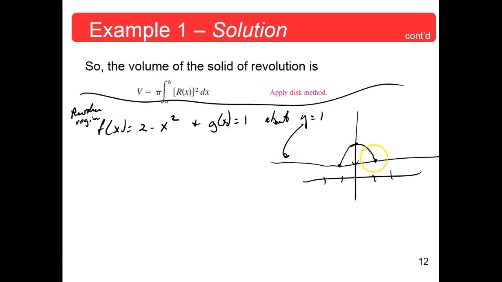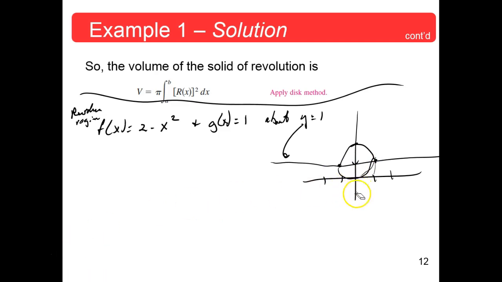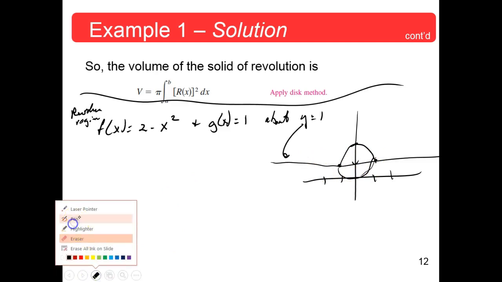So you're going to have the lower half of the parabola down here. Like that. My graph isn't very good, but you get the general idea. Now that's not a circle. It's not a ball.